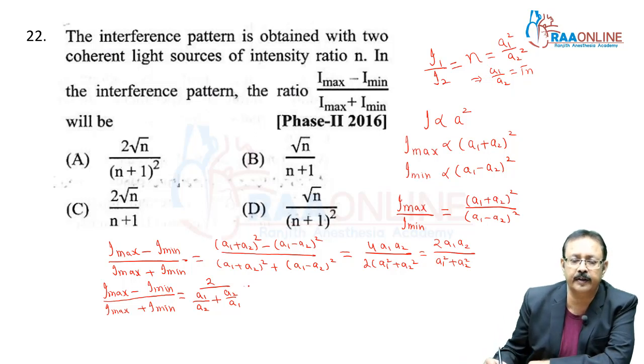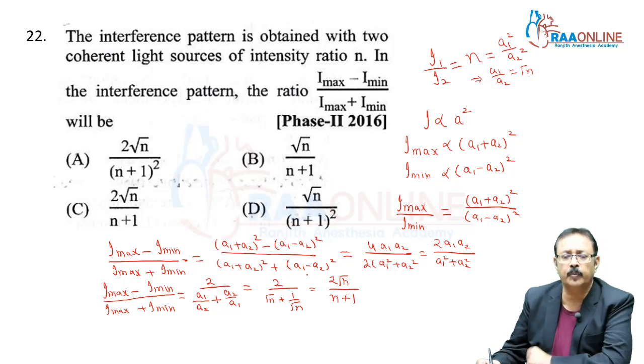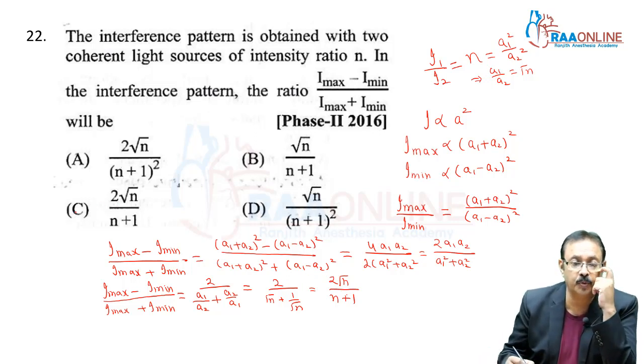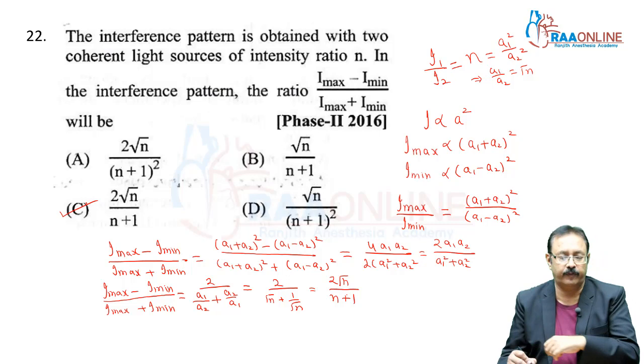So what did we get here? 2 upon root n plus 1 by root n. Take the LCM and put this root n in the numerator. You will get n plus 1. So we are going with option C, 2 root n upon n plus 1.